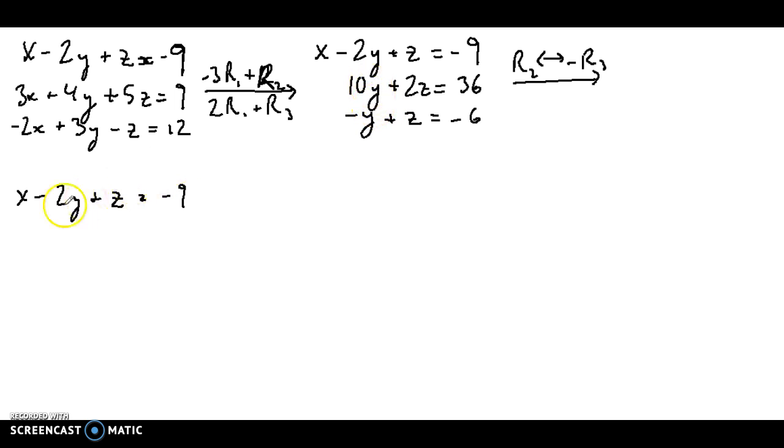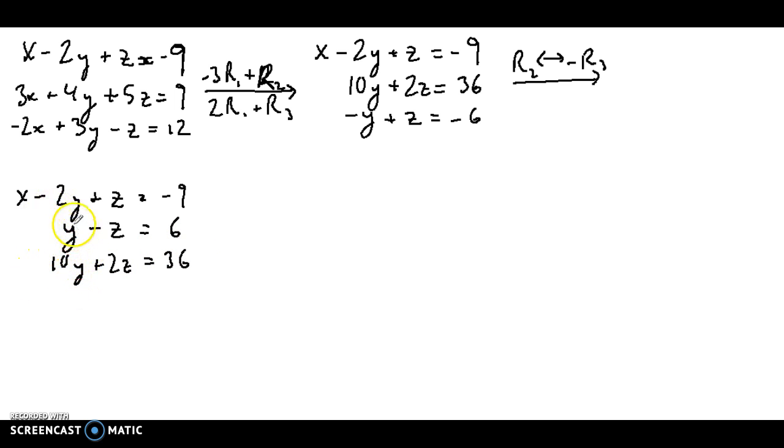Row 2 and row 3 are switching spots, and row 3 is being negated. So it's now y minus z equals positive 6, and 10y plus 2z equals 36. And now my goal is to get rid of this y.